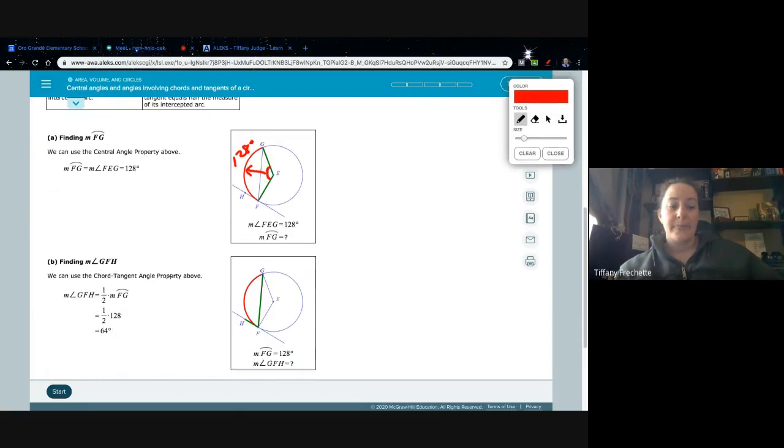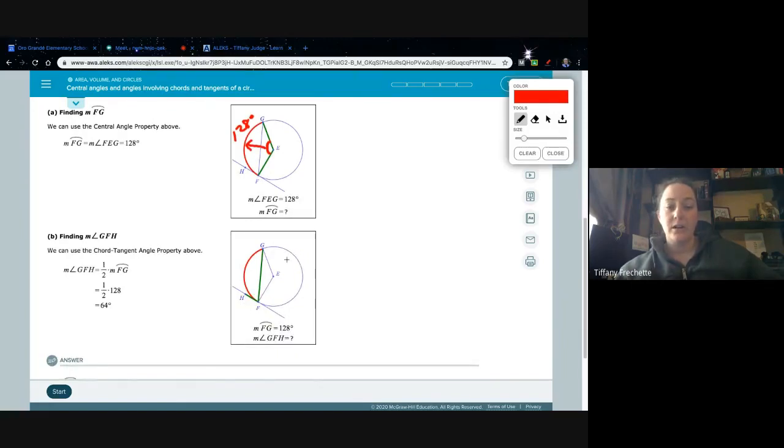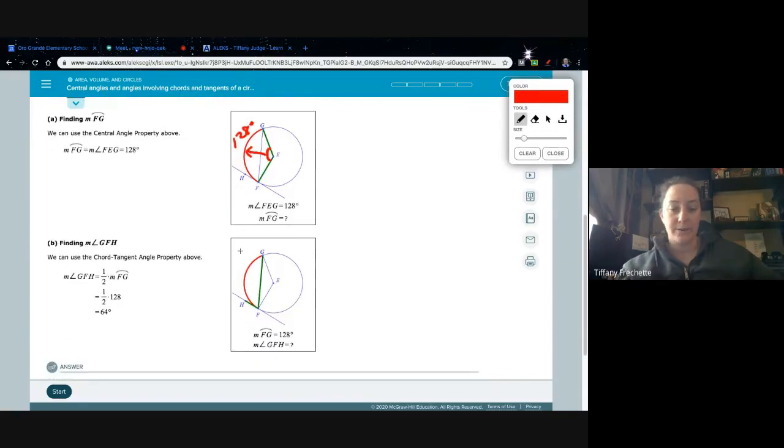All right. Now, if we're looking for angle GFH, which they have again marked out in green here, then this is the chord tangent situation, or the inscribed angle relationship. It's that same relationship. So we know that if we have the angle, which, let's see, which one do they give us? Oh, we have the arc because we just marked that. 128, we found that.